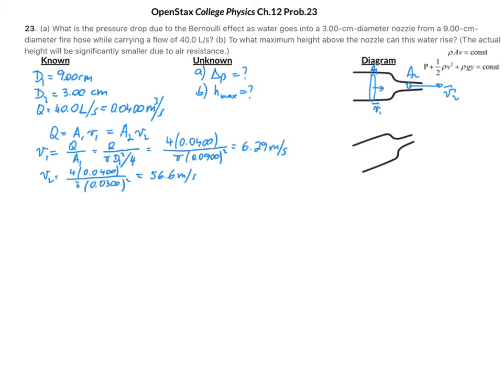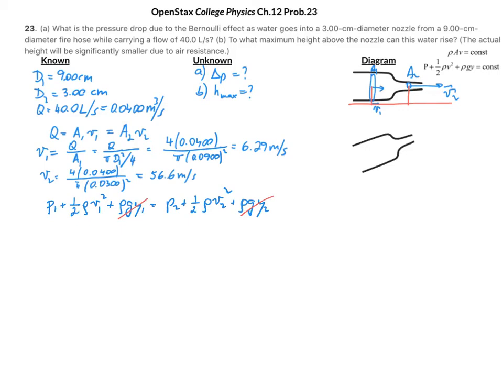I will write that: P1 plus 1/2 rho V1 squared plus rho g y1 equals P2 plus 1/2 rho V2 squared plus rho g y2. What is y? Well, it's the height of the center of mass of this column. And we notice that for this instance, we have the same y, so I'm going to cross those out.